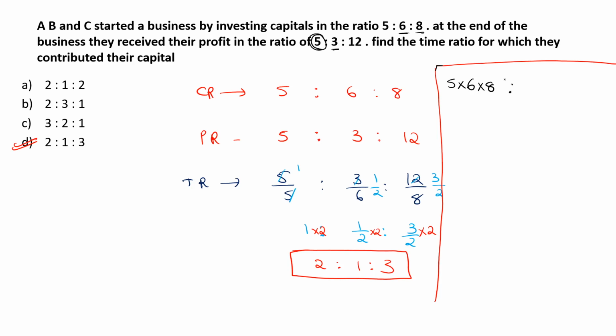Take the second term of the profit ratio and multiply it with the other two terms other than the second one, that is 5 and 8. Take this 12 and multiply it with the other two respective terms of the ratio, that is 5 is to 6.